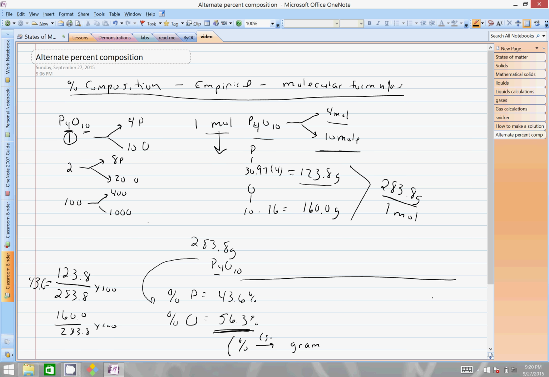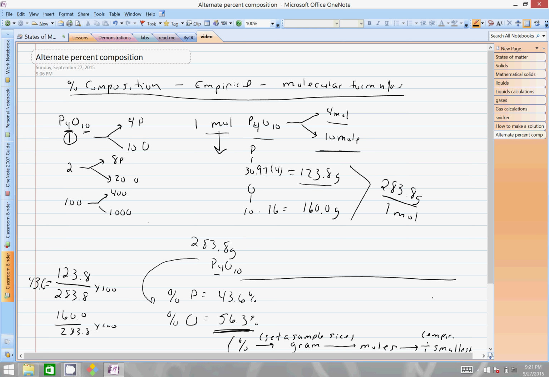So you need to set a sample size, and typically that sample size is 100 grams, and then you would go from grams into moles. This is the number of moles in your sample size, and then you would divide out by the smallest one. That sets your smallest one to 1, and it basically makes your formula empirical. Divide by smallest. This is empirical.